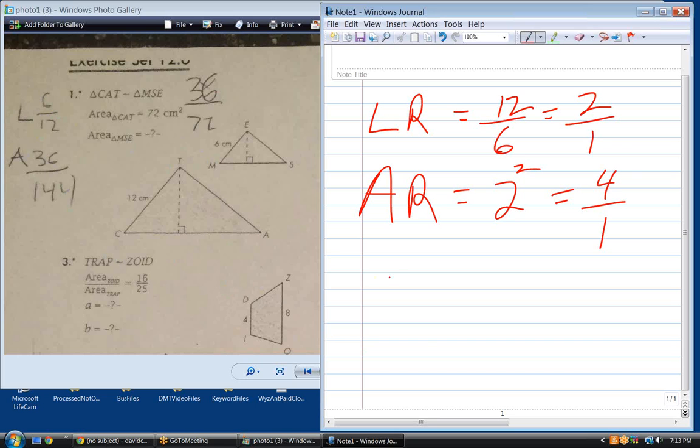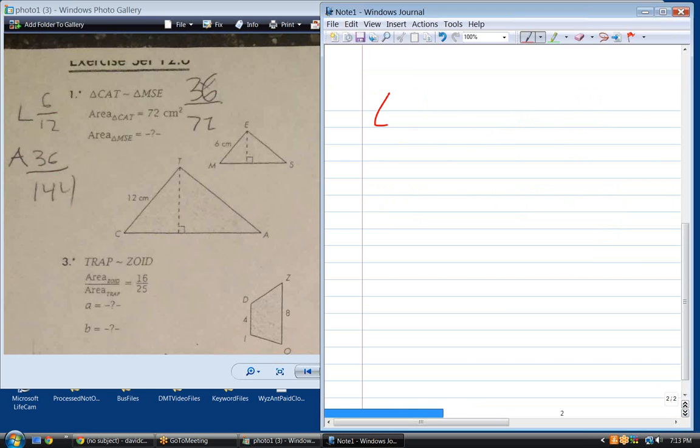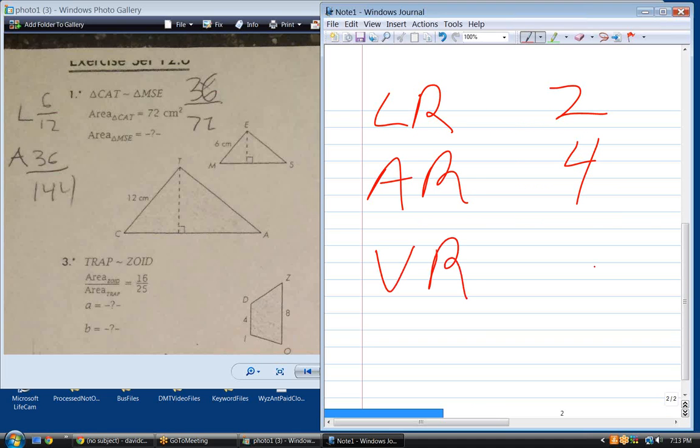It's just that when we talk about linear ratios here, if I have a linear ratio of 2, I have an area ratio of 4, what's my volume ratio? 2 cubed. Which is 8. Okay.